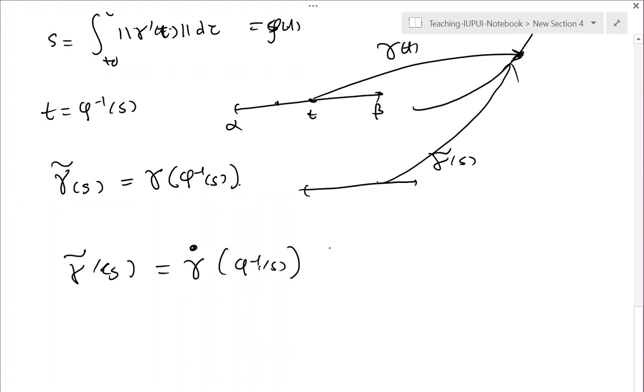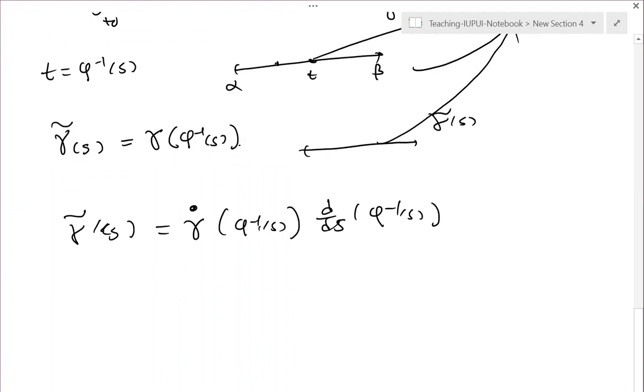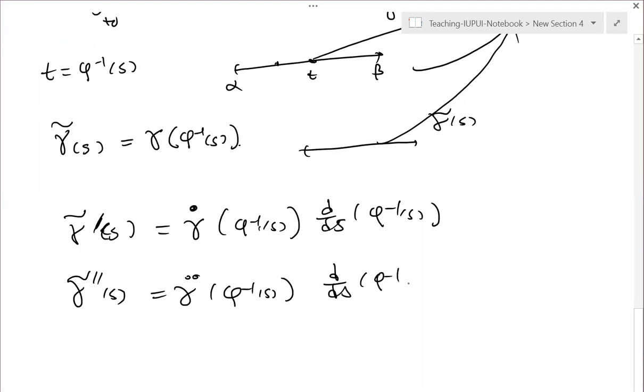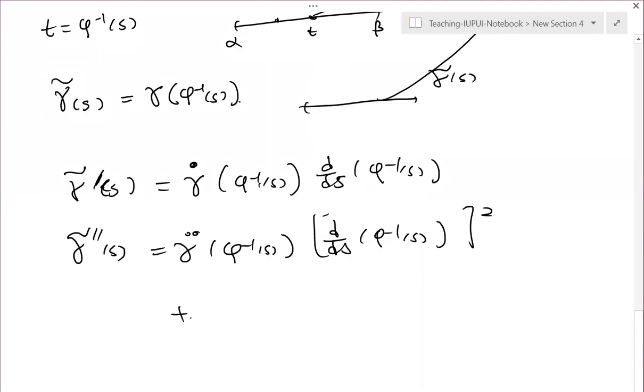Then I differentiate this. It's bad, right? We don't know this yet. It's the derivative of the inverse function. This gives me my curvature. So I differentiate as a product or with the chain rule, so double dot, and then I have a ds squared.